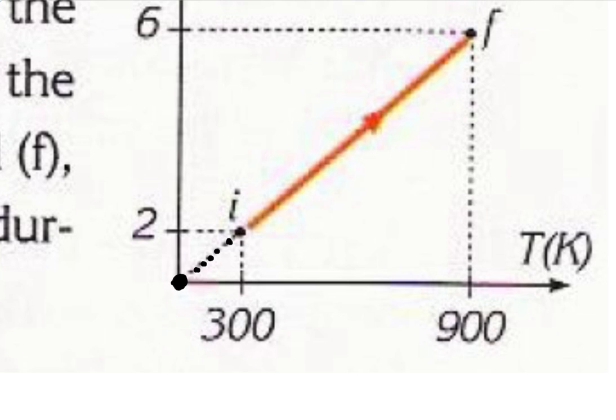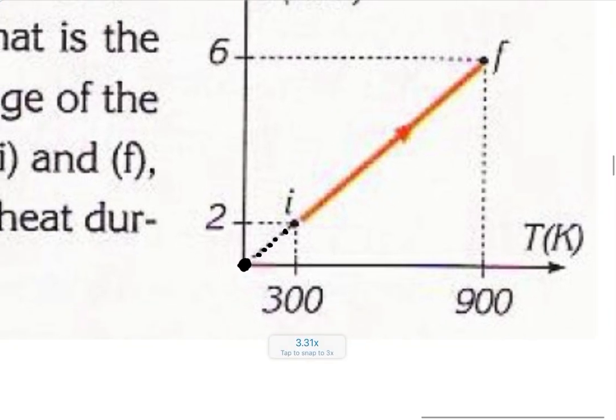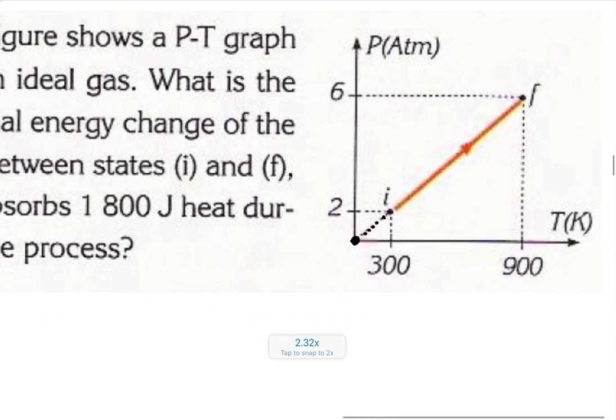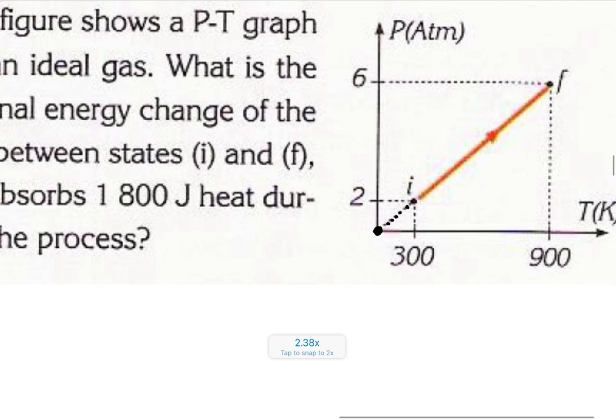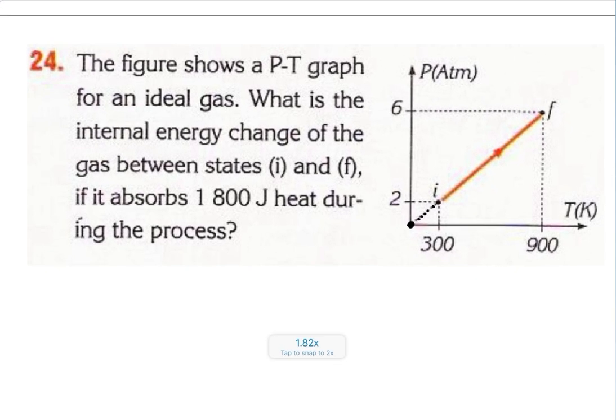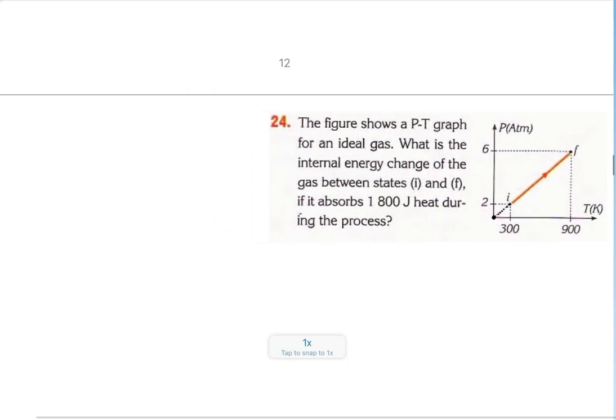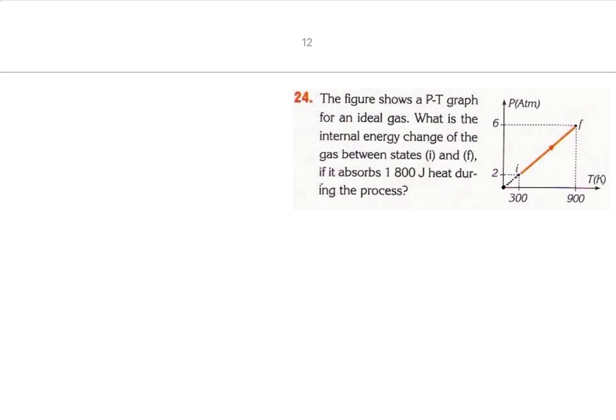So in a PT graph, this means it is an isovolumetric process. Isovolumetric, as we know, means volume stays constant.